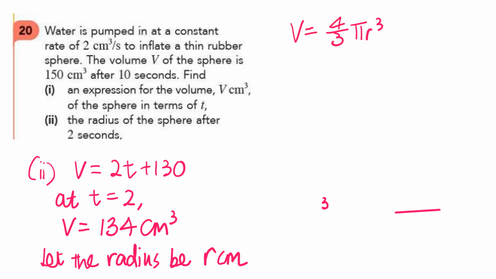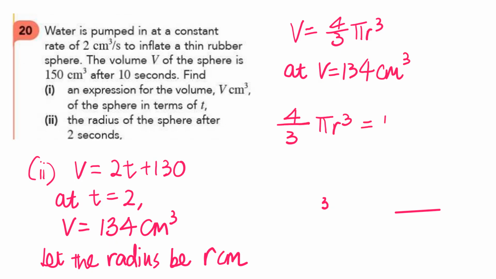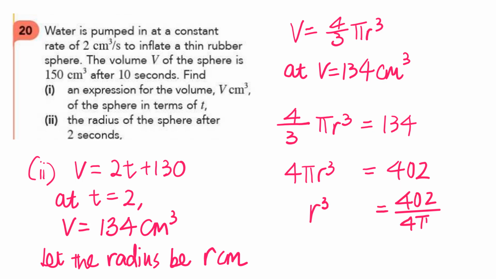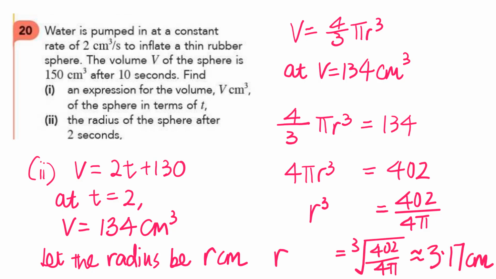You're right, 4 third pi r cube, which we could not use earlier because we don't know the radius. Now we know the volume at 2 seconds is 130. We can just equate it. Times 3 throughout, then divide by 4 pi, then cube root it, and you get 3.17 cm.